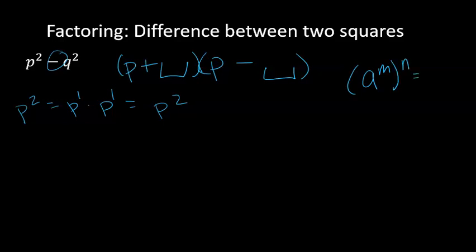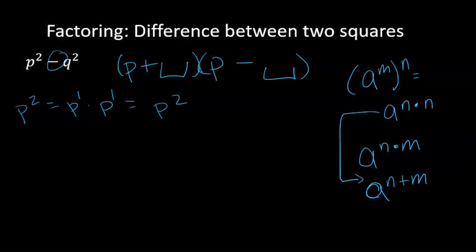If you have 2 little exponents, it's going to be a n times n, right? And if you have a n times m, which is what we have, we get a n plus m, right? So I guess we have both too. I mean, this could technically fall under both, right? So this is how we ended up with p squared.